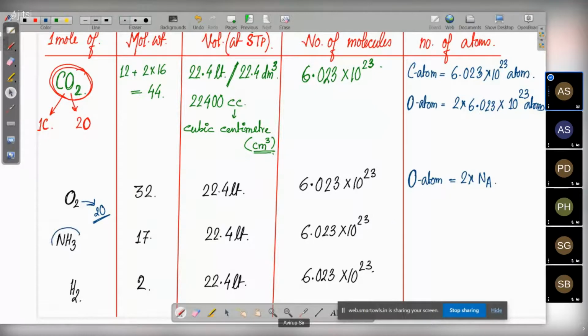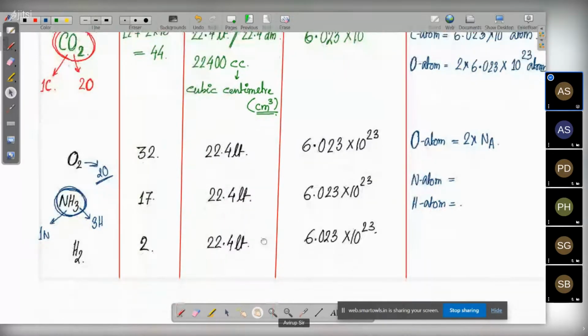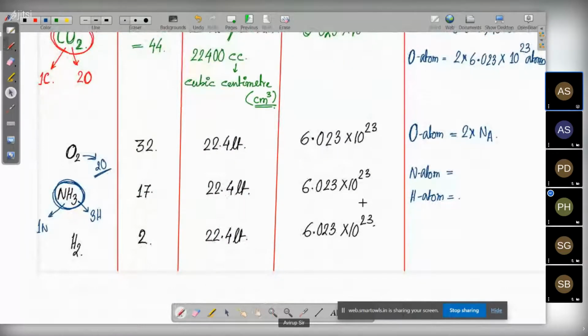Then see the next example, that is ammonia. So this is one molecule of ammonia. How many nitrogen atoms are there in one molecule? One. So now tell me how many hydrogen atoms are there? 3 hydrogen you can count. So one nitrogen and three hydrogen.